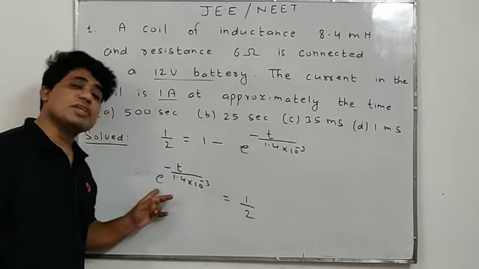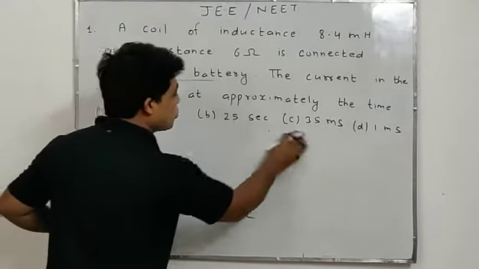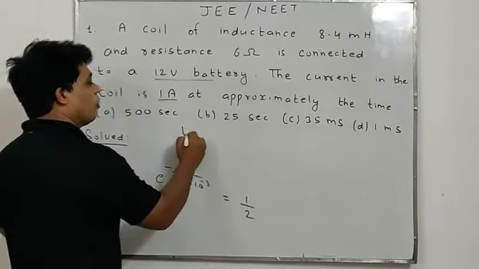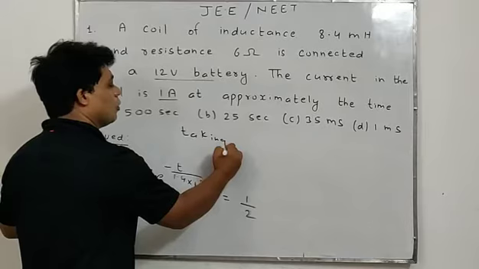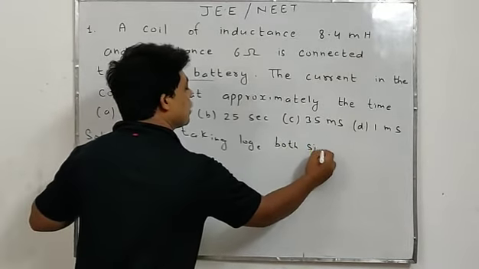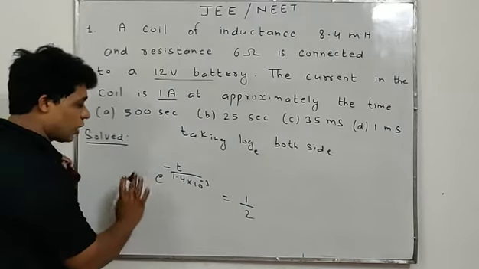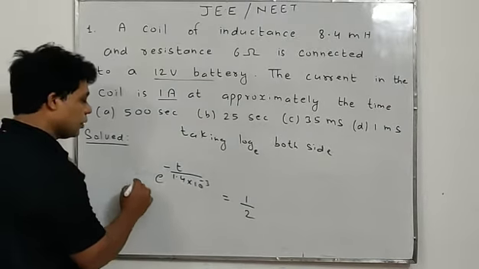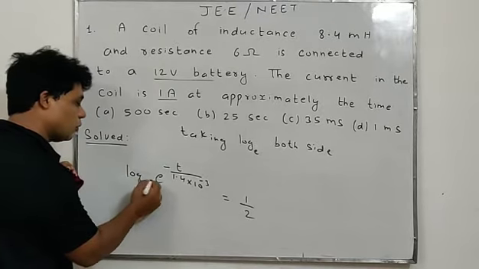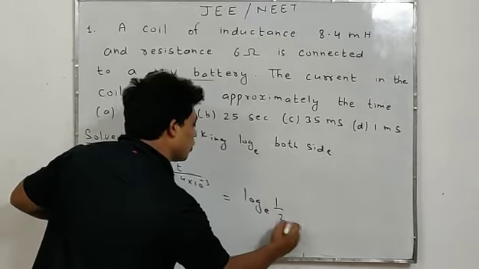Now, this is the logarithm base. In order to remove this e, we have to take log on both sides. So now what do we do, students? We take log e on both sides, that is log with base e. What happens? There comes log e, and it becomes log e half.